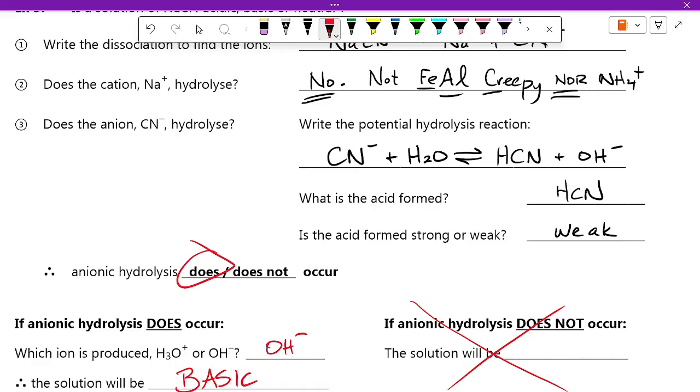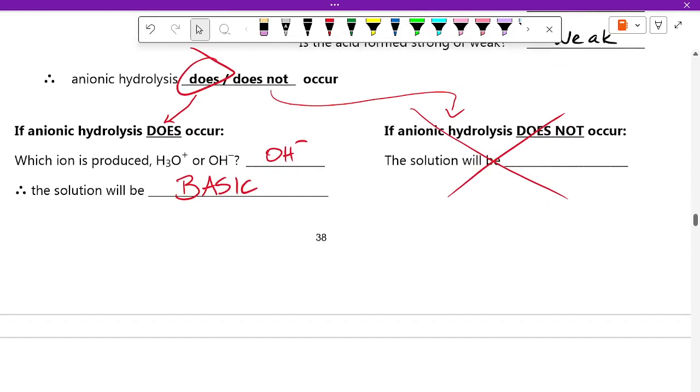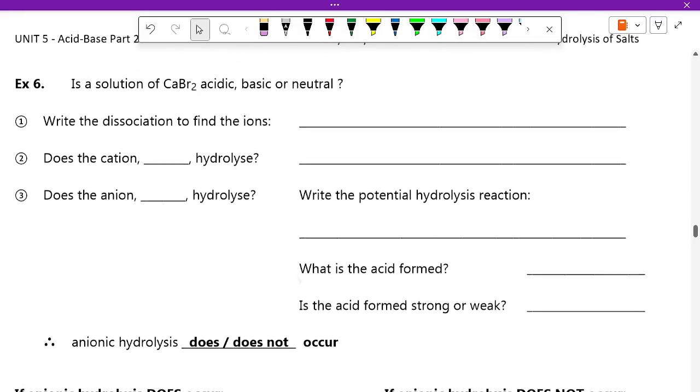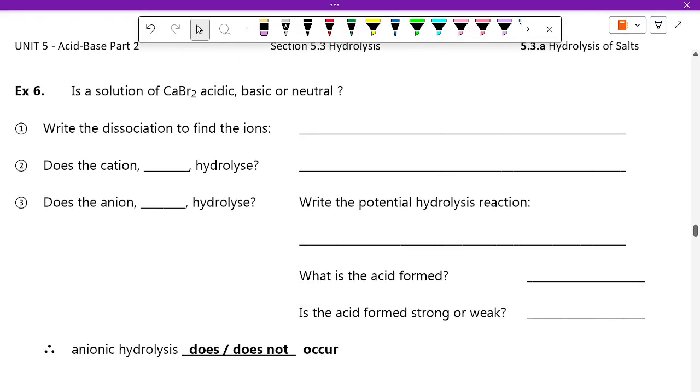So basically, you say to yourself, does it occur or does it not occur? And then that's that. Can you do example 6? You might even be able to do this very quickly depending on how much you've managed to pick up on this.